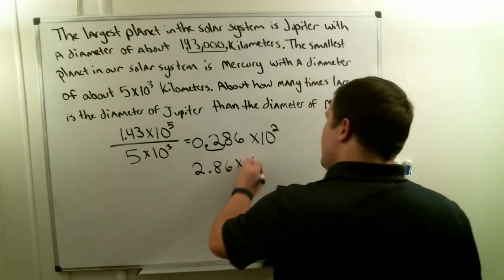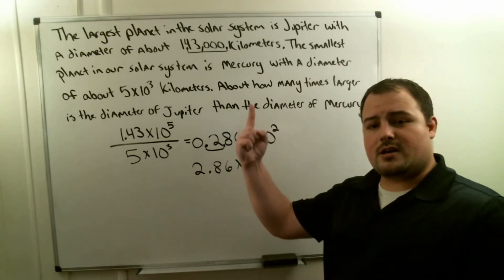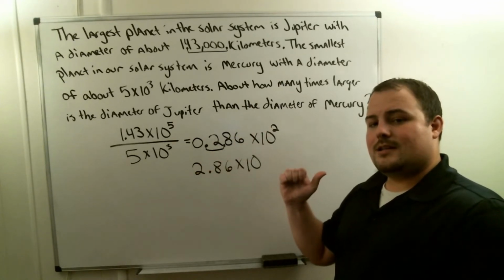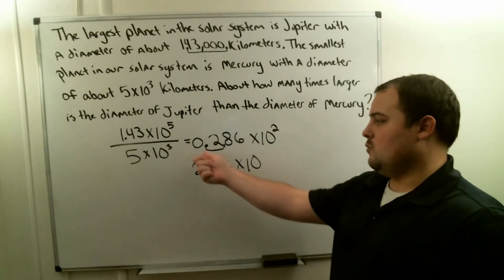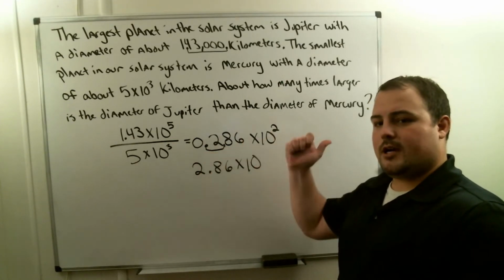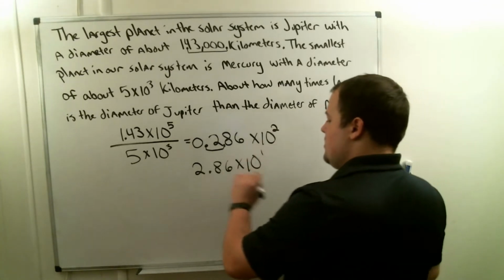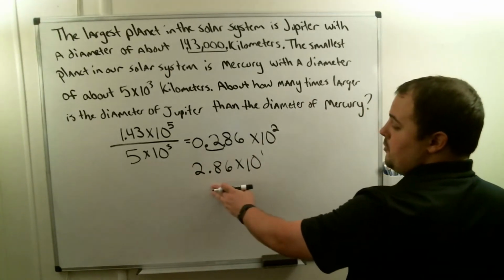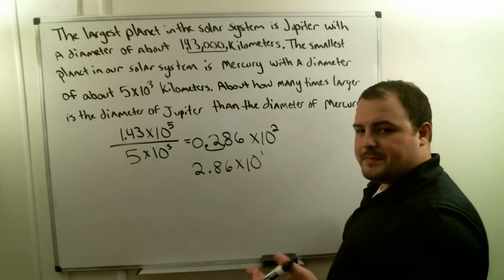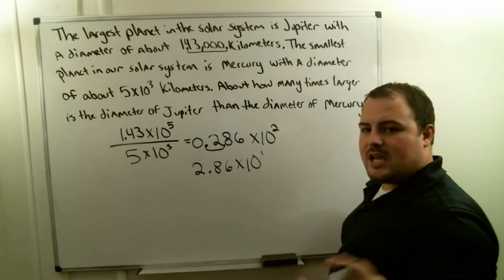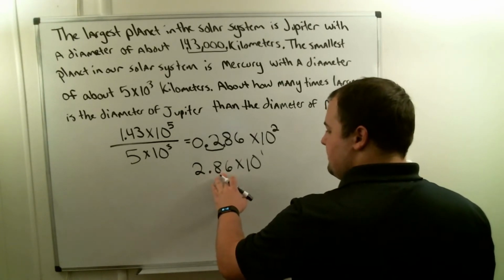So now it's going to be 2.86. And now we have to follow that rule. If we move the decimal left, the exponent goes up. If we move the decimal right, the exponent goes down. How many times did we move it? We moved it 1 to the right. Since we went right, the exponent goes down by 1. So this means that it's 2.86 times 10 to the 1st power. Well, 10 to the 1st power means if we were to change this to its actual number, all we have to do is move the decimal 1 time to the right.